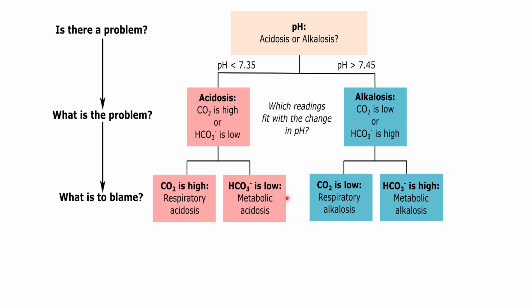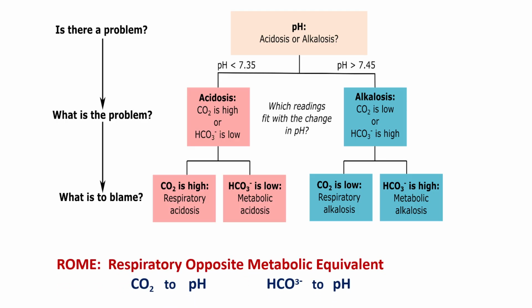If the predominant reading of CO2 is low, that means a respiratory component. If the predominant reading is HCO3 is high, that's a metabolic component. So learn how to figure out what is the problem. Are they acidotic or alkalotic? And then is it a respiratory issue or is it a metabolic issue? So two main questions.